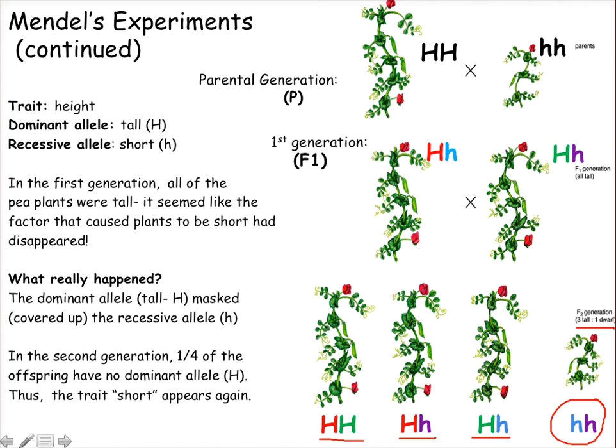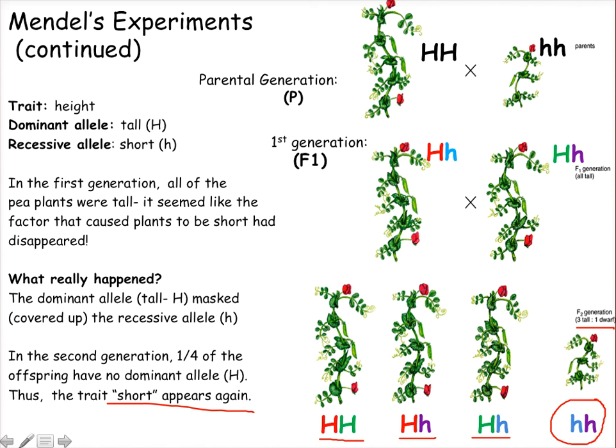So this is where we've got that short trait appearing again, even though its parents are both tall, both parents are carrying at least one recessive allele, and there's a 25% chance that an offspring will inherit both alleles from that parent.